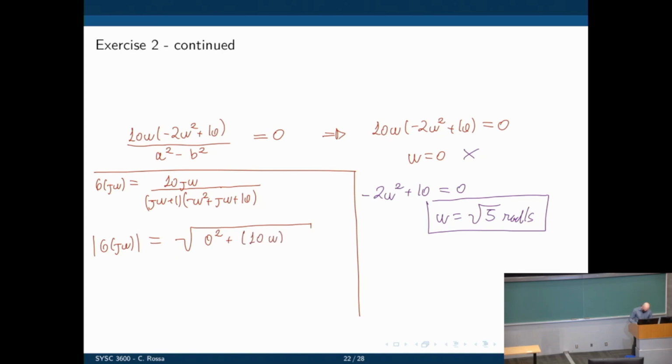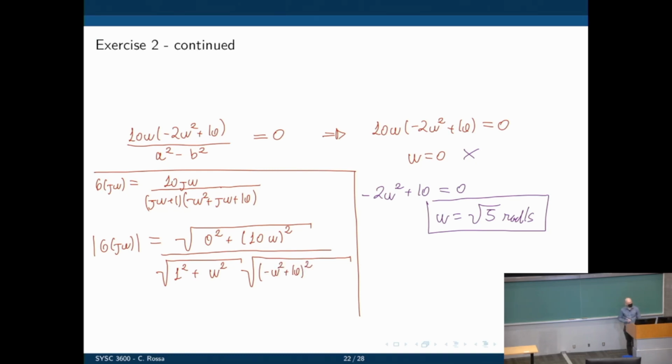That's 10 omega, divided by the square root of real part squared 1 plus imaginary part squared omega squared, times the square root of real part squared. Here it is a bit tricky because it's negative omega squared plus 10. That's the real part. And the imaginary part squared is omega squared. We can now replace omega with the square root of 5, and then we get the magnitude of the transfer function at that particular frequency.